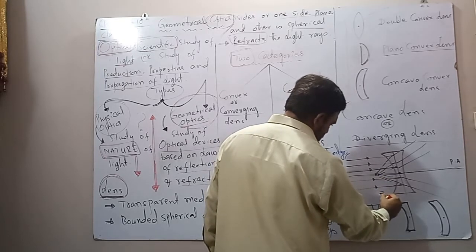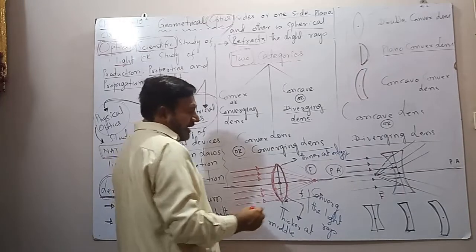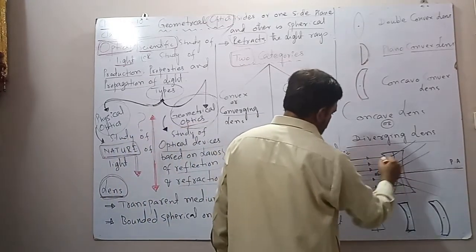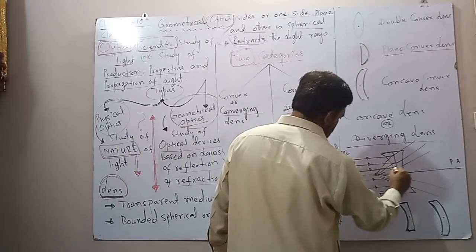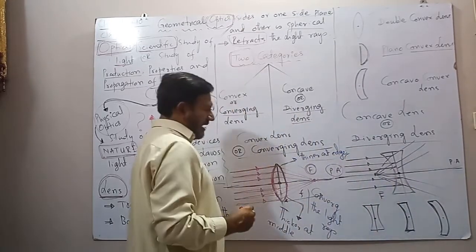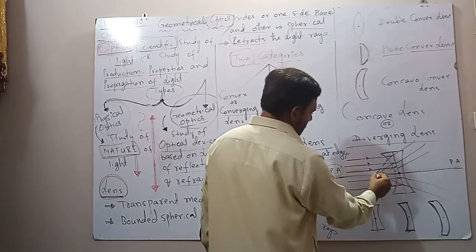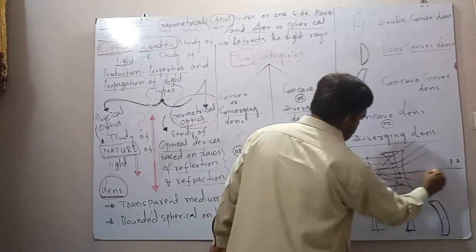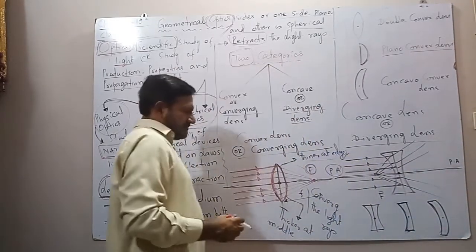These light rays are parallel to the principal axis, and they are coming from infinity or very far away from the lens. That point is the principal focus, and that line is known as the principal axis.